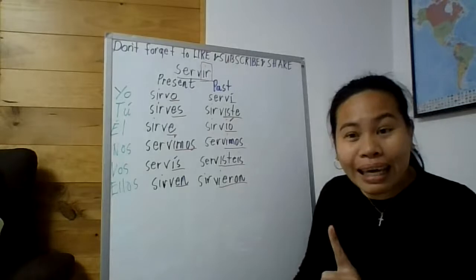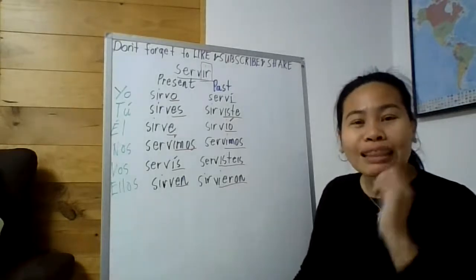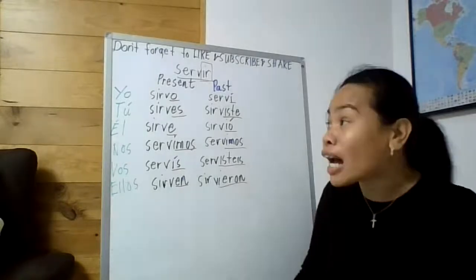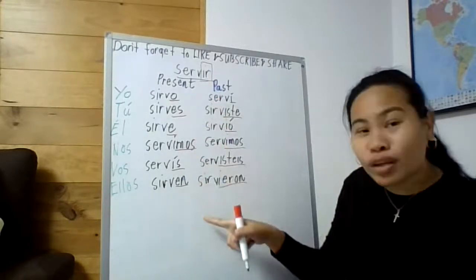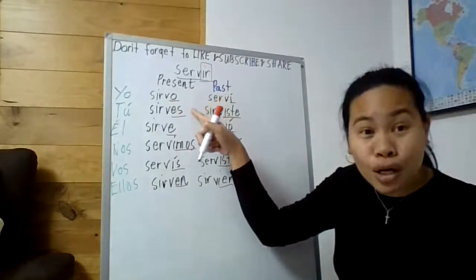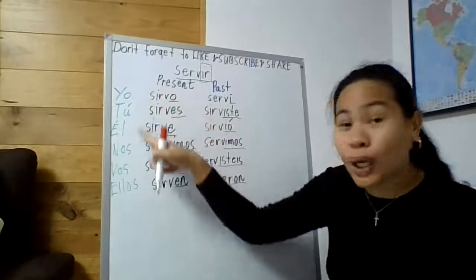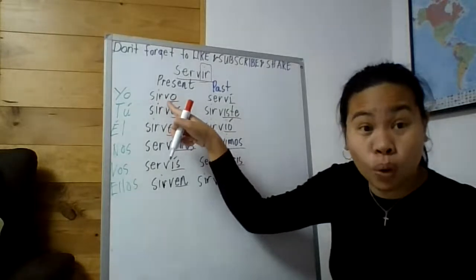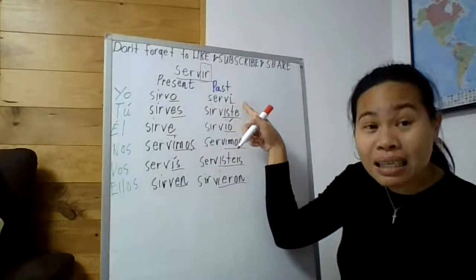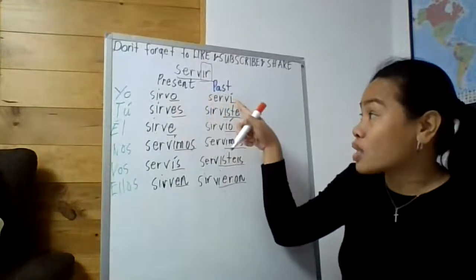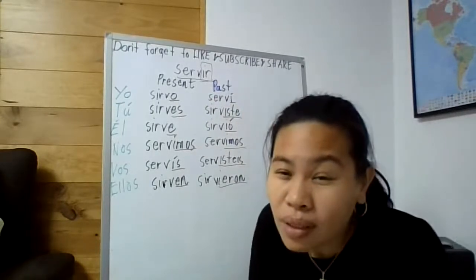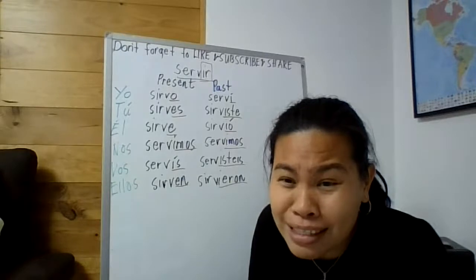So, again, one of the techniques on how you are going to conjugate, try to observe the last letters of each pronoun. So, first person from sirvo to serví. So, the letter O changed into I with accent. Sometimes I move too fast.